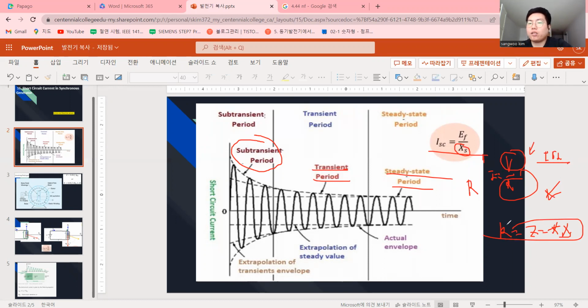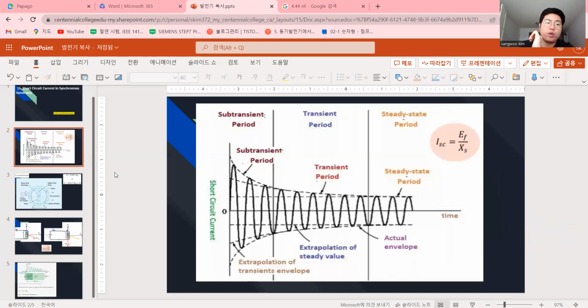What I mean is it's not because of the reactance, but because EF is suddenly changed. Not because of the armature, but because the field winding and the damper winding induce voltage. It's the same way.